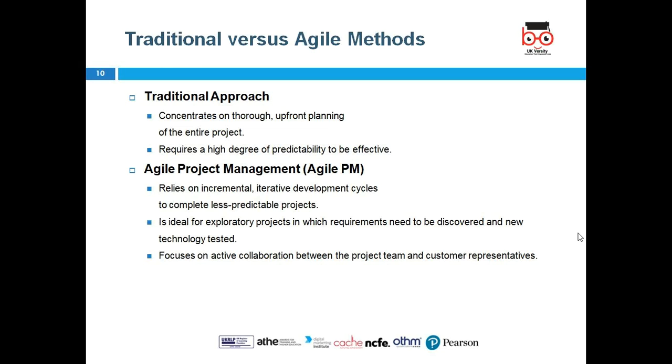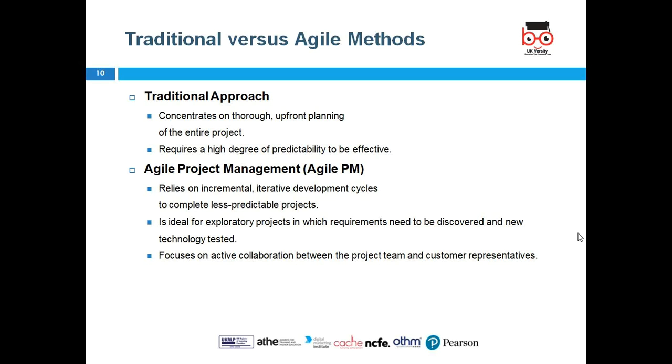methods of software development, and what their nature is. So the traditional one and agile project management. The traditional one concentrates on thorough upfront planning of the entire project and requires a high degree of predictability to be effective, while the agile one relies on incremental, iterative development cycles to complete less predictable projects, and is ideal for exploratory projects.